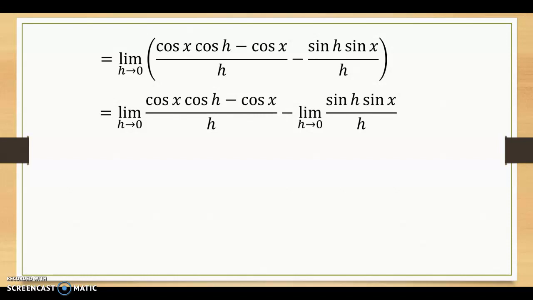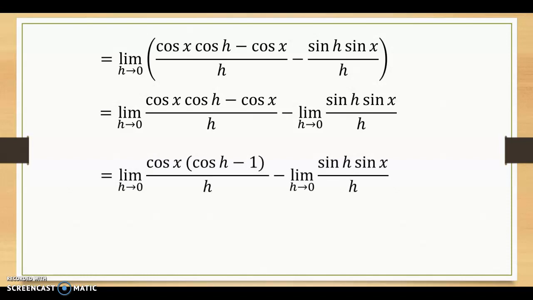Limit laws allow us to split the limits on each of these individual fractions. And you've guessed it, cos of x is a common term to the first limit. Because it does not involve a dependency on h, cos of x is treated as a constant and can be withdrawn from the limit.